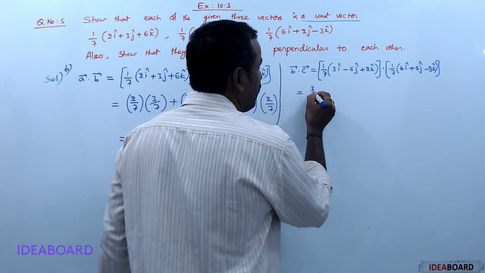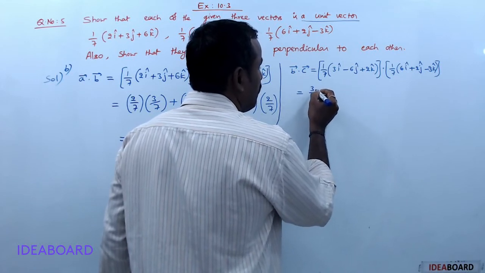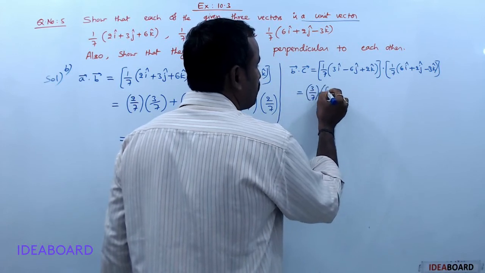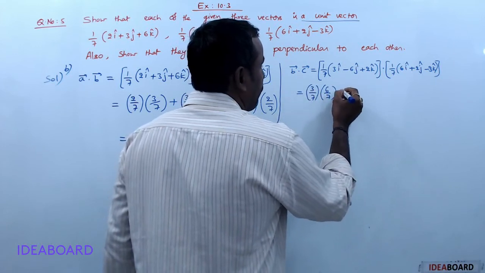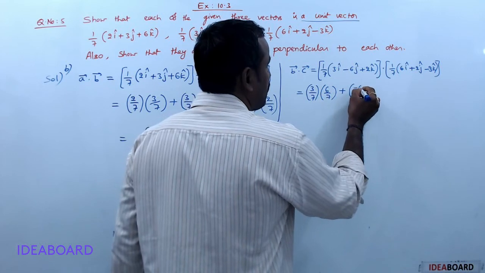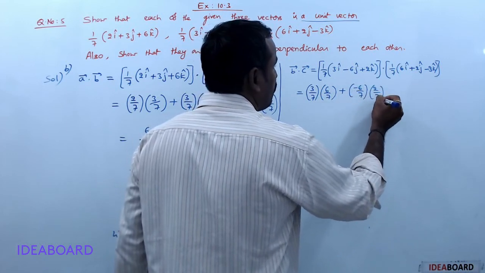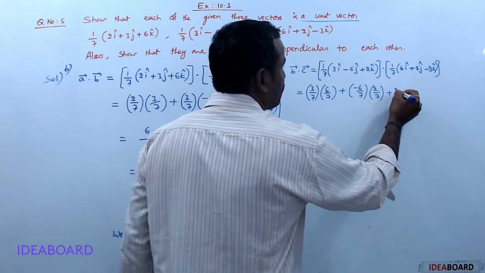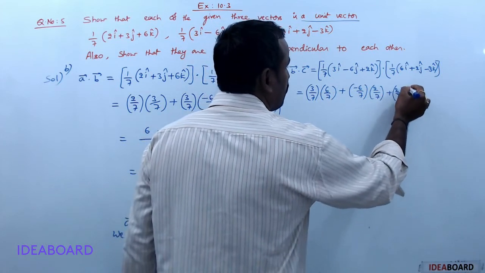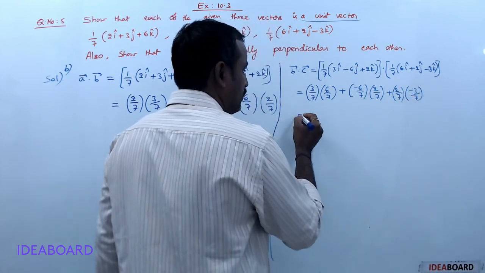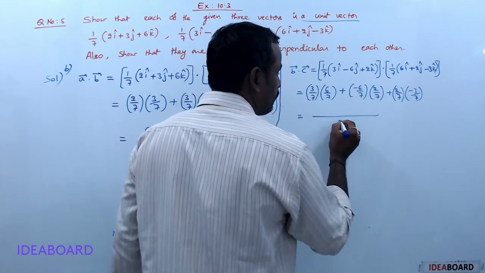So now the i coefficients you can multiply first in the first and second vectors. 3 by 7 times 6 by 7, plus minus 6 by 7 times 2 by 7, plus 2 by 7 times minus 3 by 7. So now the denominator LCM is 49.